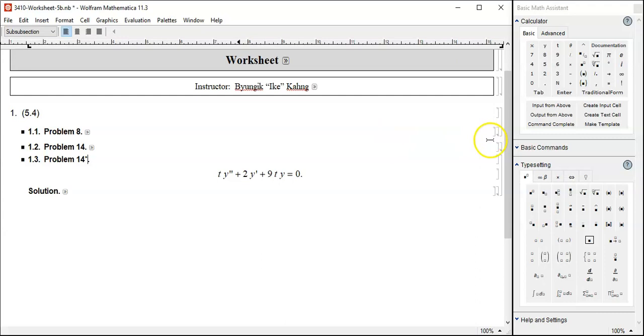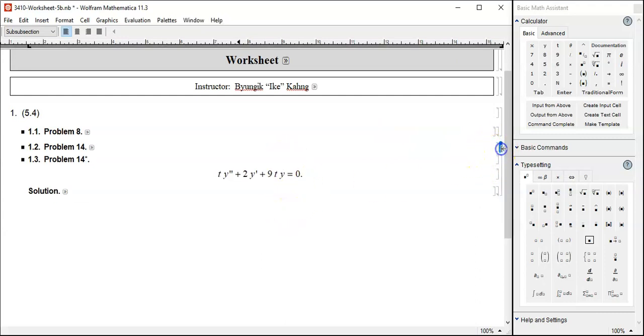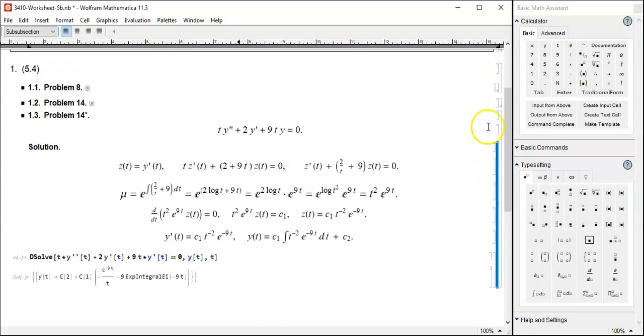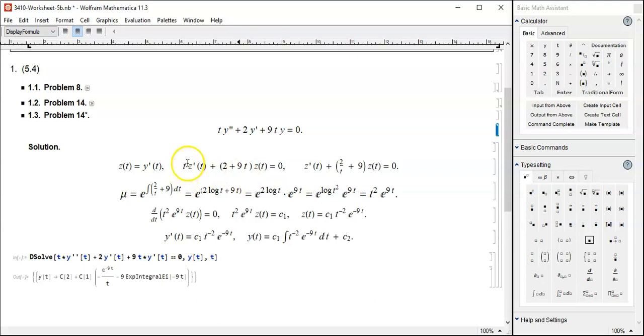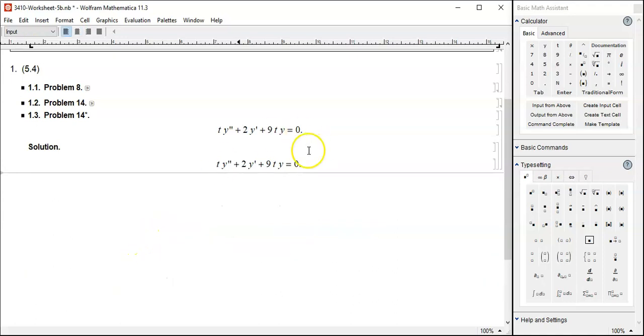Okay. I changed this last y prime into just y, and I hope this would make sense here. So I don't need any of those here. Okay, let's take the Laplace transform.